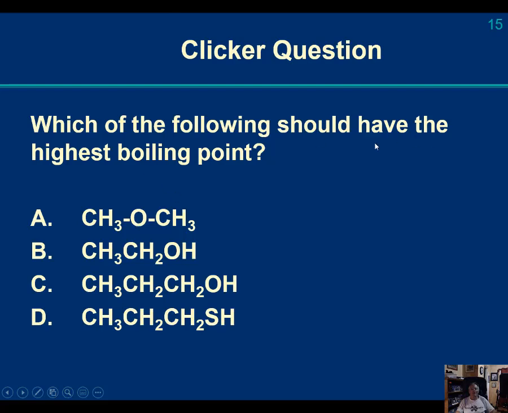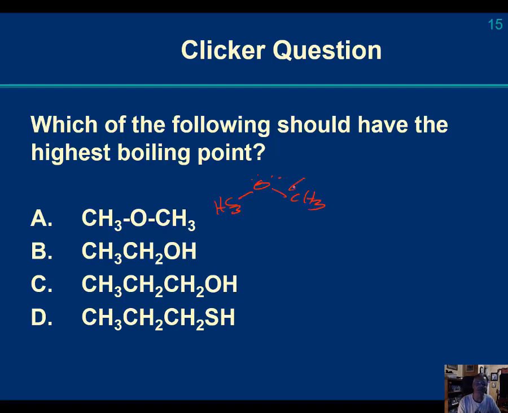Which of the following should have the highest boiling point? Well, this is a polar molecule. This is an ether. This is dimethyl ether. There's a CH3 group here, a CH3 group here. This kind of looks like a water molecule.